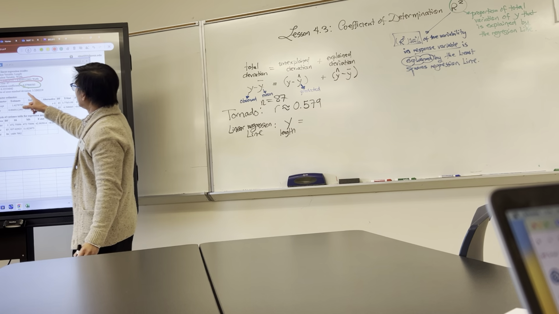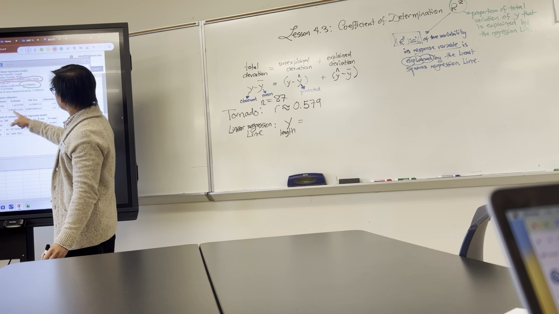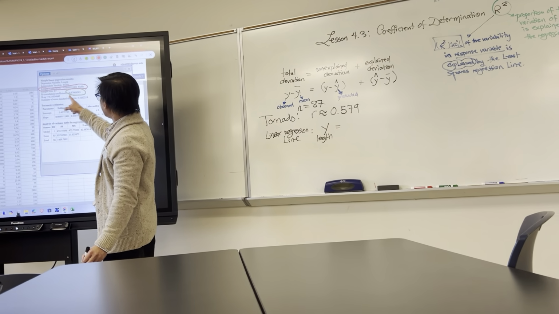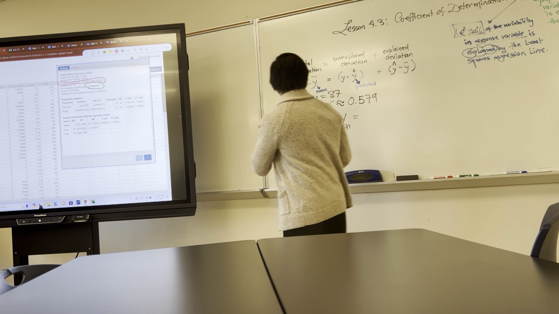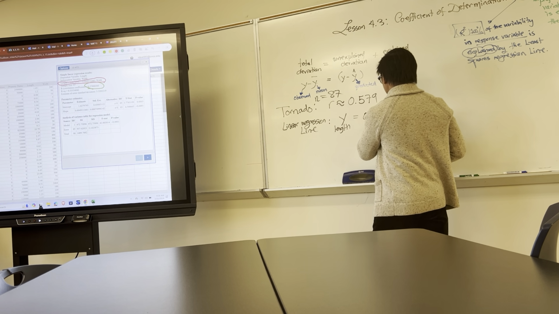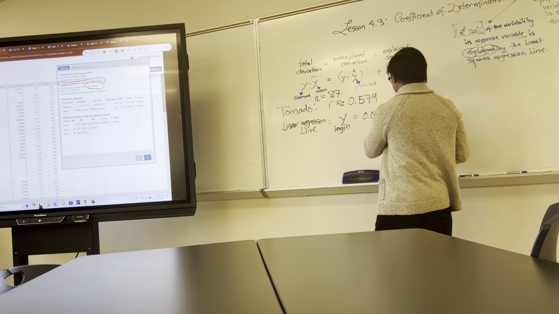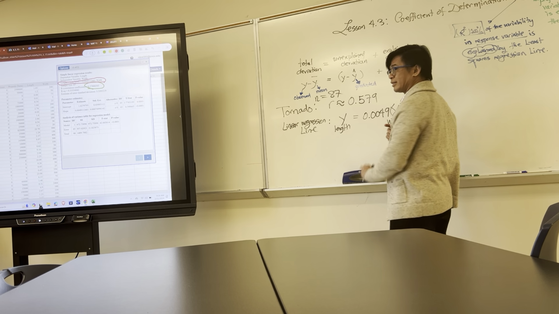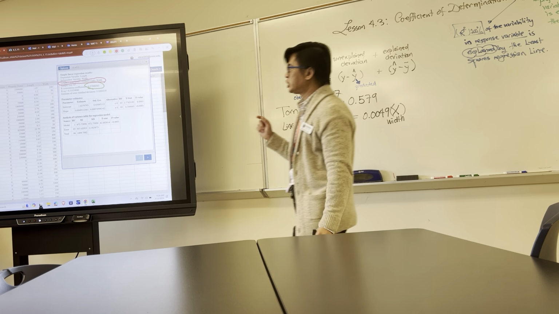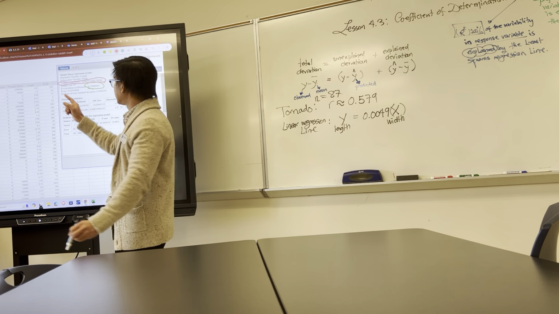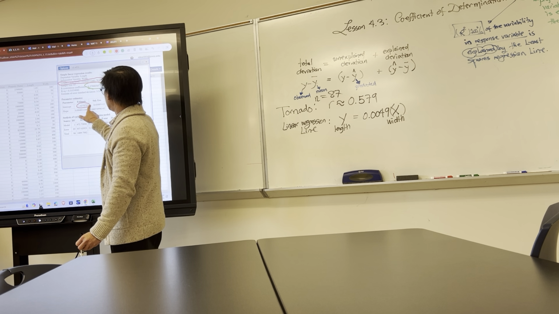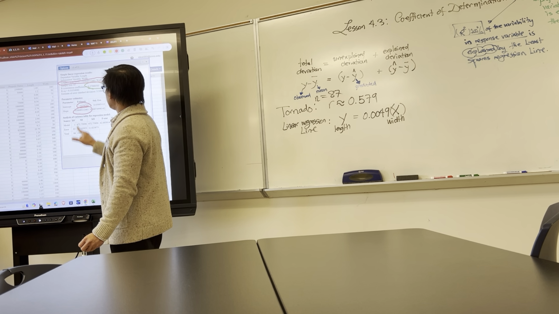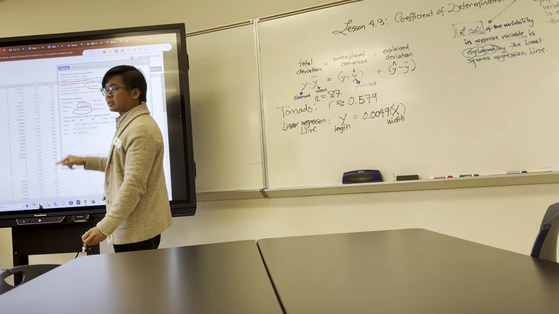What's the slope? The slope is 0.0049, and x in here, by the way, is the width. And what is your y-intercept? It says here 1.628.